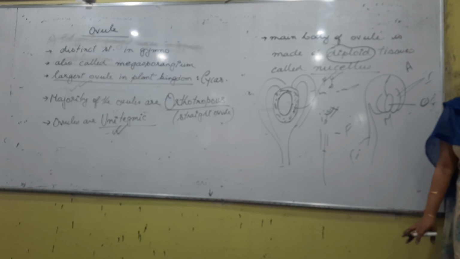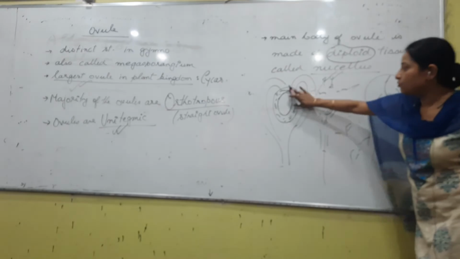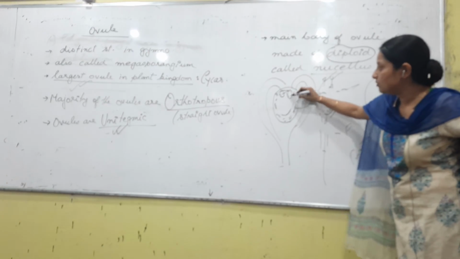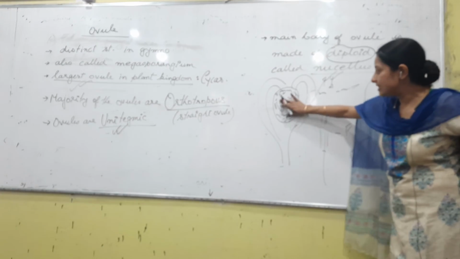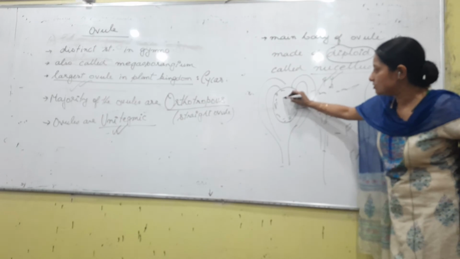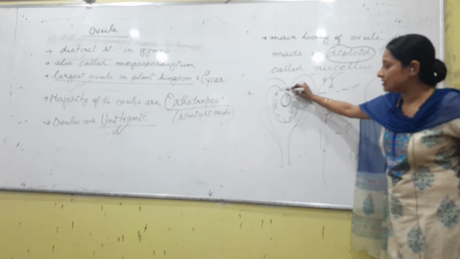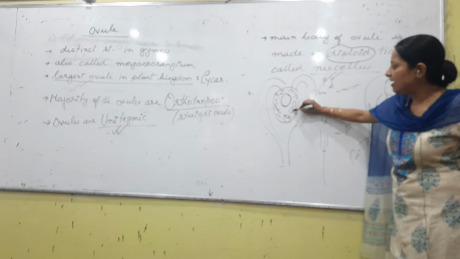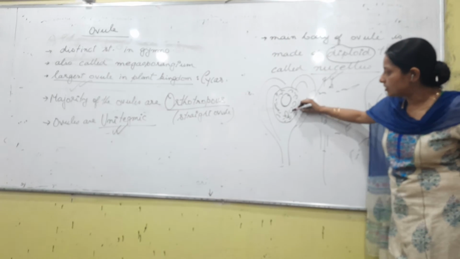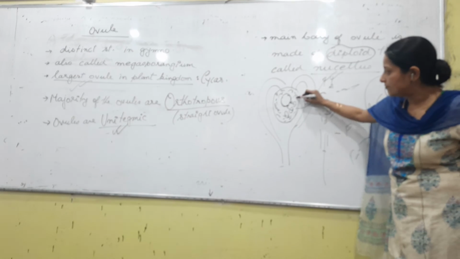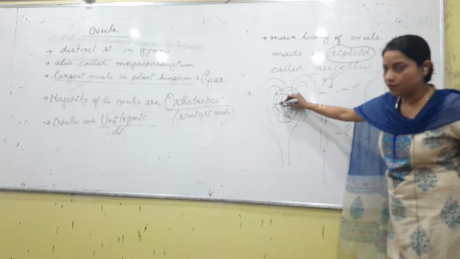And what is the function of the nucellar tissues? Initially there were many cells. Out of this entire group of cells only one cell became enlarged. What is the function of the remaining cells? They supply food to the developing ovule, right?